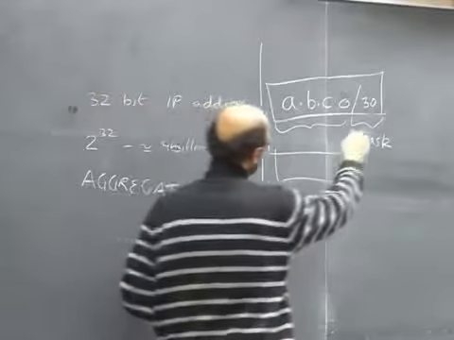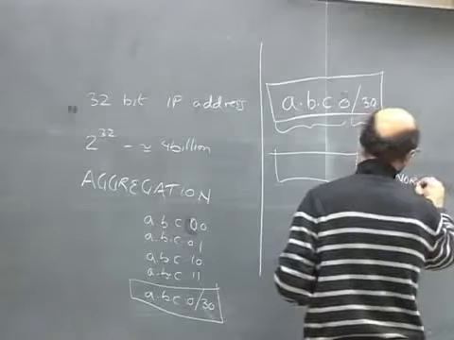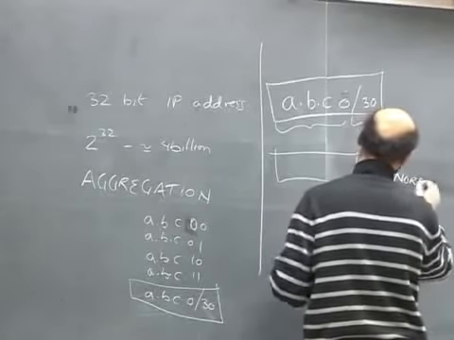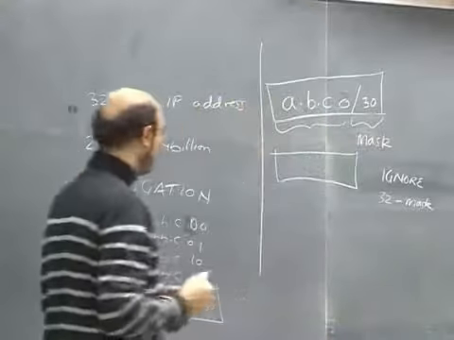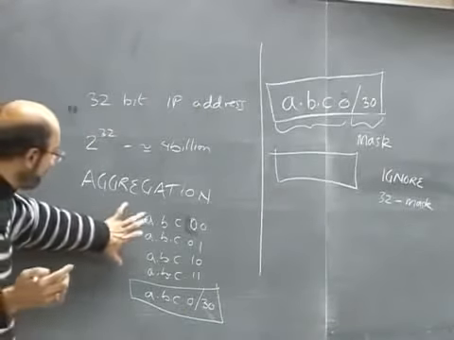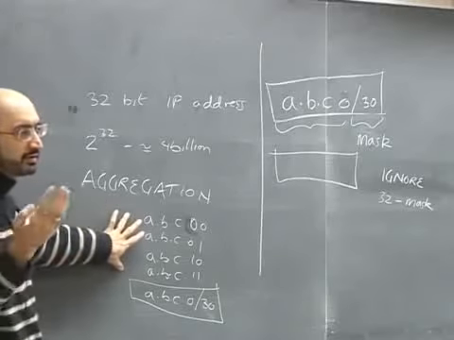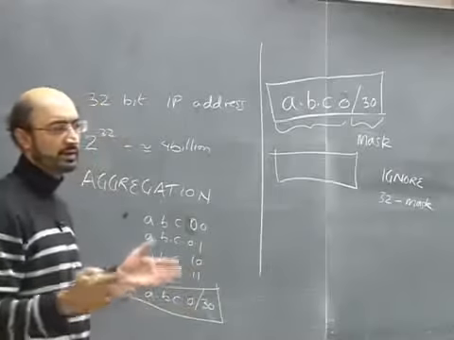So the last 2 bits, 32 minus 30, we ignore: 32 minus the mask length. What that means is that if anybody else wants to refer to all 4, they can ignore the last 2 bits, the 00, 01, 10, 11.